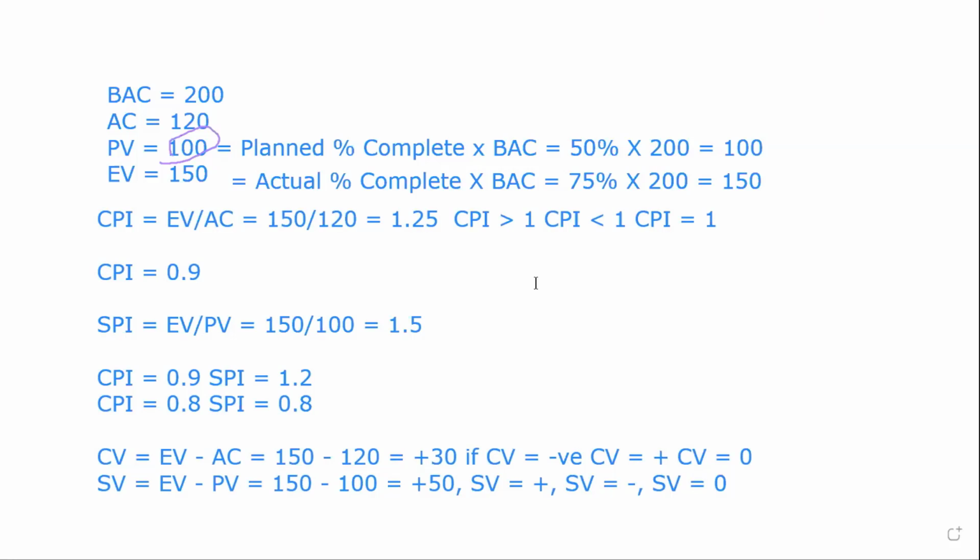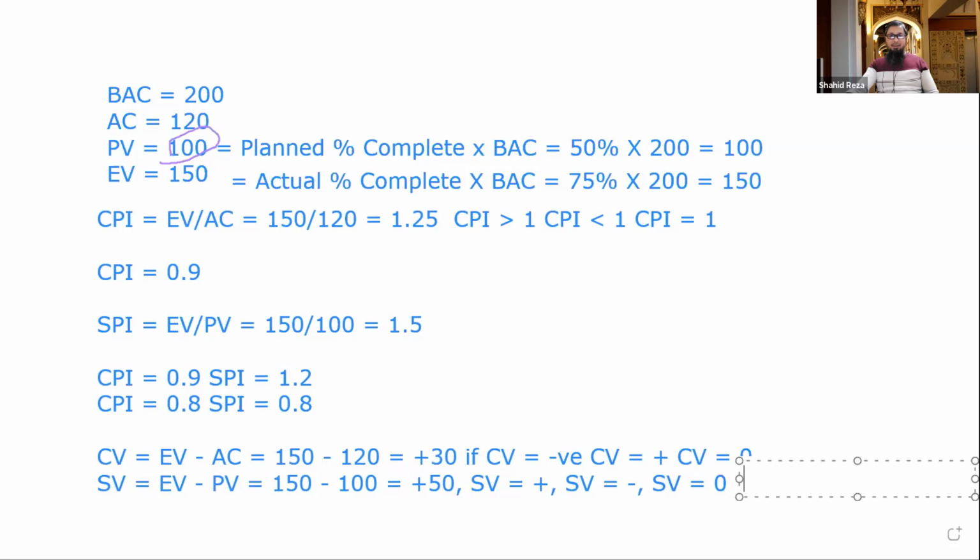Okay, now we'll move to the next formulas. CPI, SPI, we have talked about. Now we'll talk about another couple of formulas.